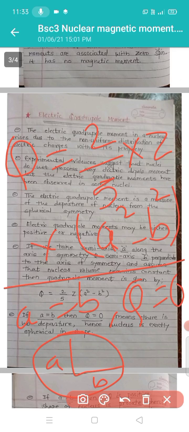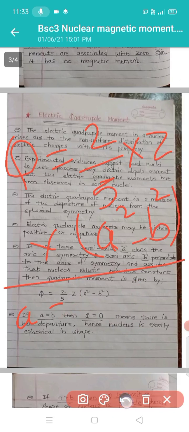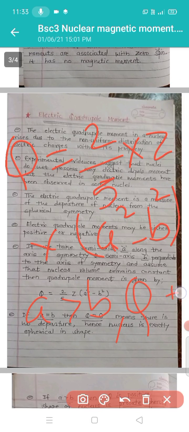Then the next condition is if A is greater than B, then Q is positive.